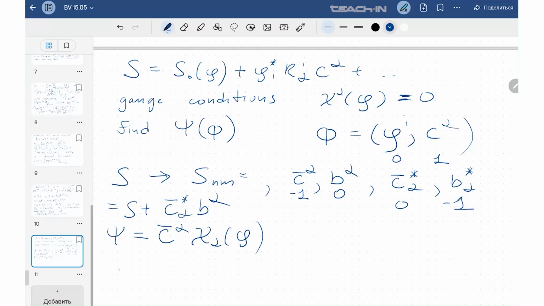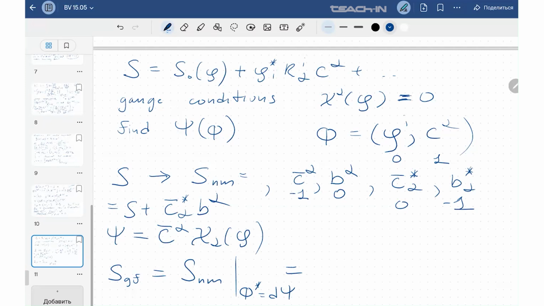So our S gauge fixed is going to be just S non-minimal, where we set all anti-fields to be just components of a gradient of this psi. But you see, this psi depends only on C bar and on phi.